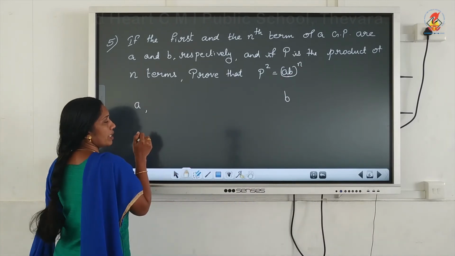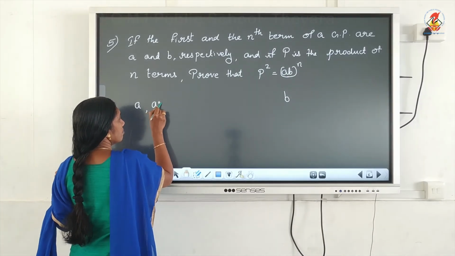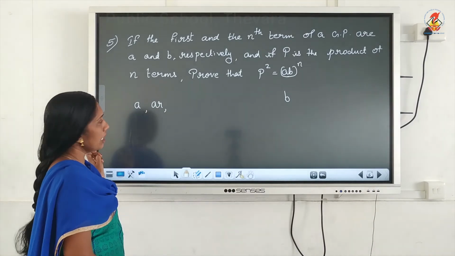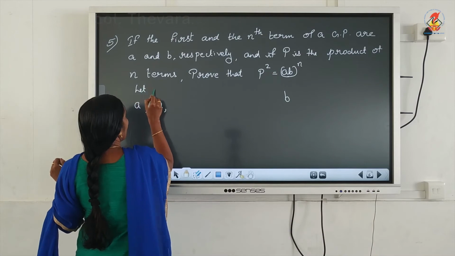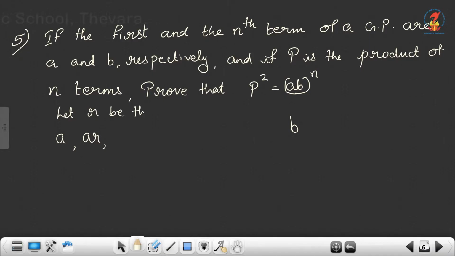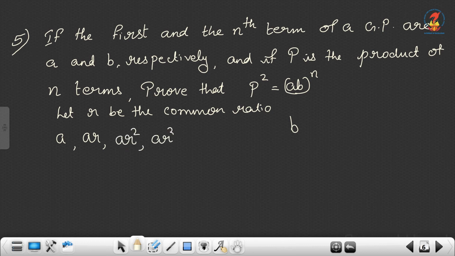So the next term we can write as ar. Let r be the common ratio. So the first term is a, the second term is a into r, next is ar into r, ar squared, ar cubed, etc. Then here the last term is given.